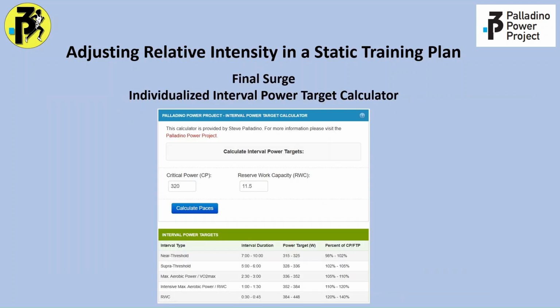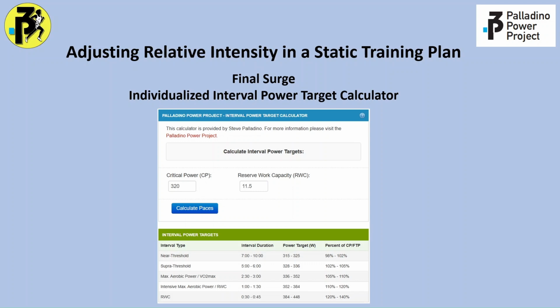Another way is to use the Final Surge individualized interval power target calculator, which I built after some study, and I'll put the link to the background documentation for how this came about. As I mentioned outside, most power training plans for runners are based around a percentage of CP, critical power or functional threshold power.